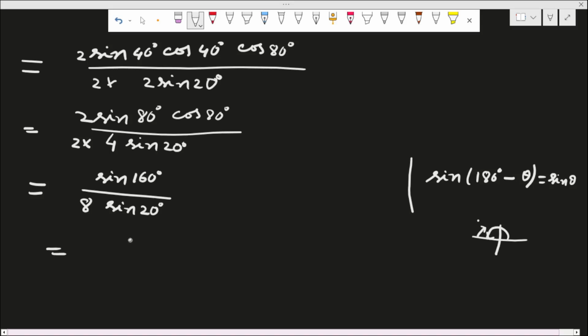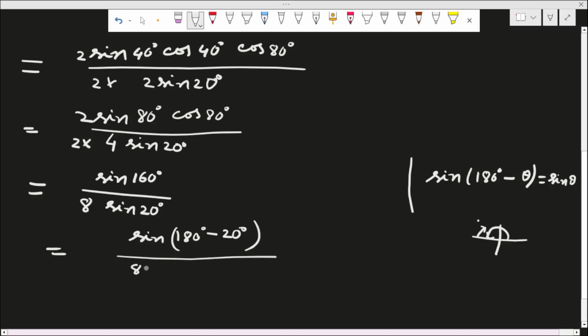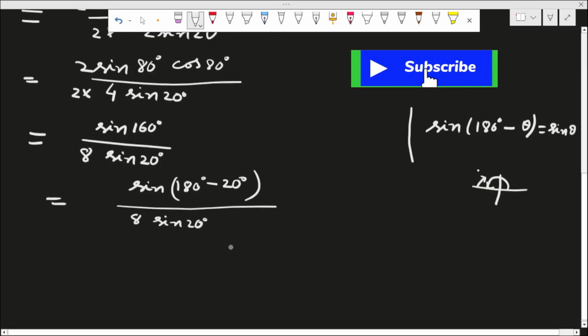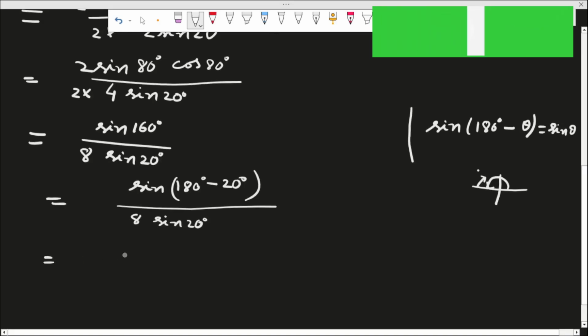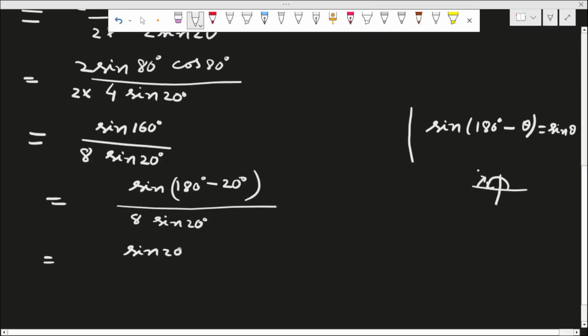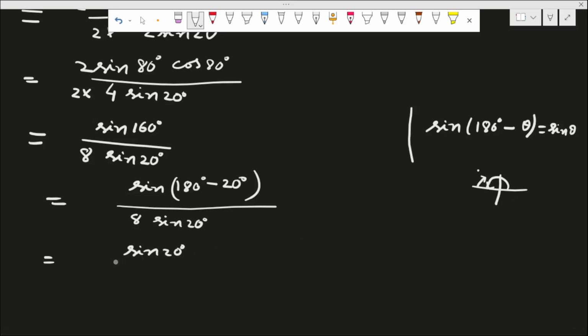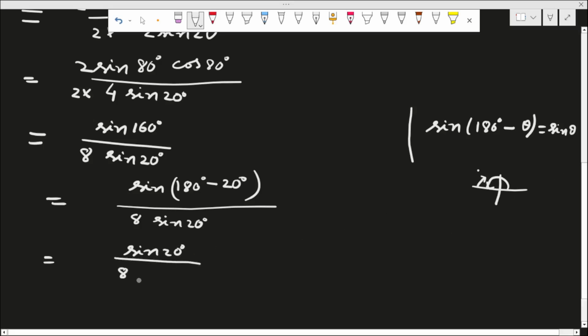So writing here sin of 180 degree minus 20 degree, the denominator 8 sin 20 degree. So write here sin 20 degree, 8 sin 20 degree. Sin 20 will get cancelled.